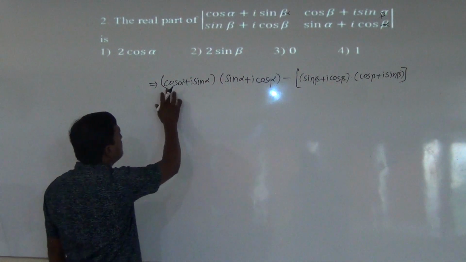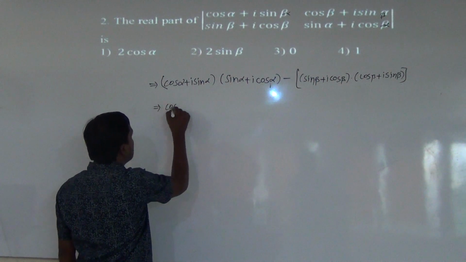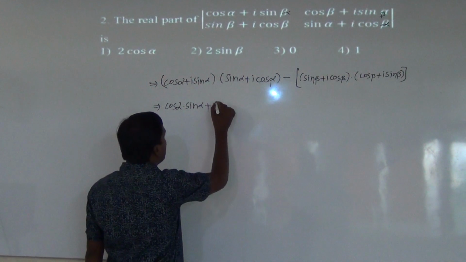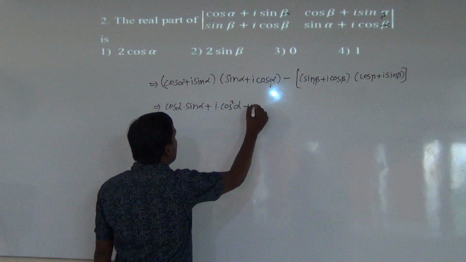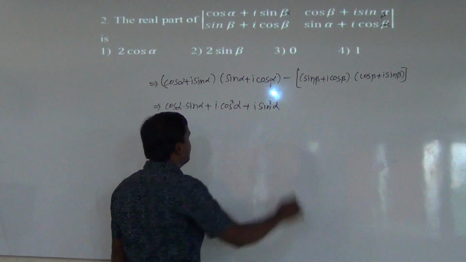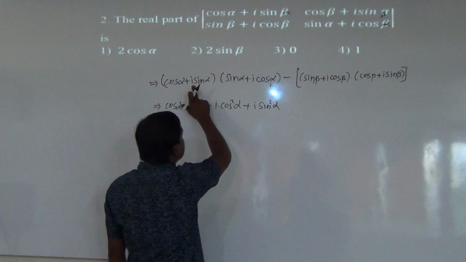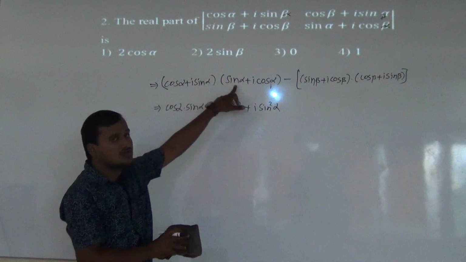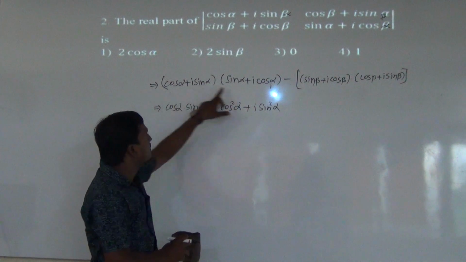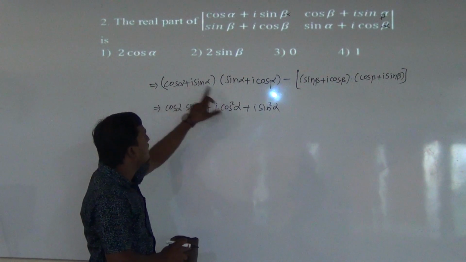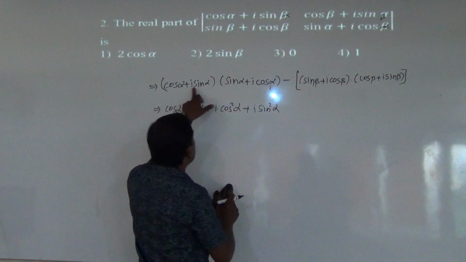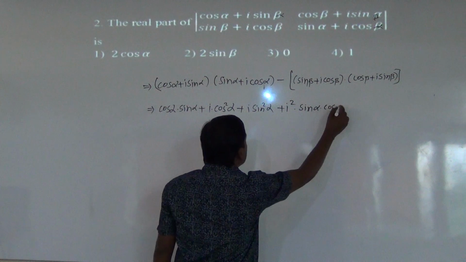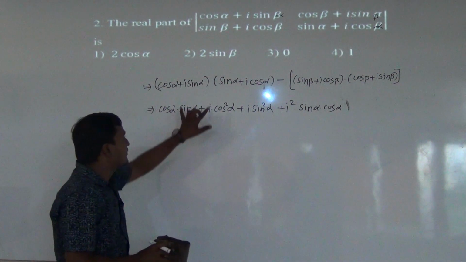Multiplying the first two, I get cos alpha into sin alpha, plus i into cos square alpha, plus i into sin square alpha, plus i square into sin alpha cos alpha. The product of the first term is over.